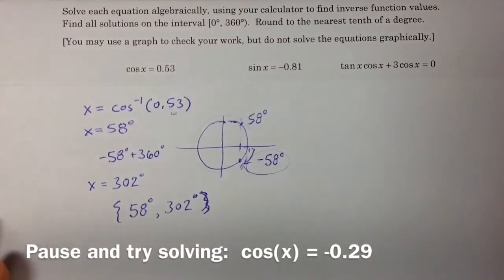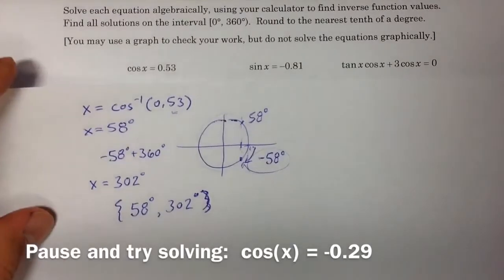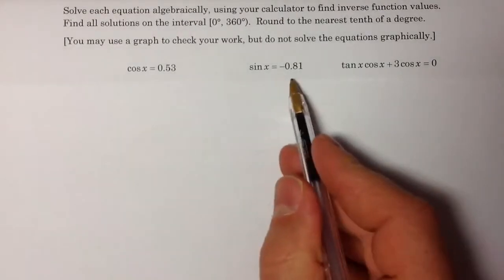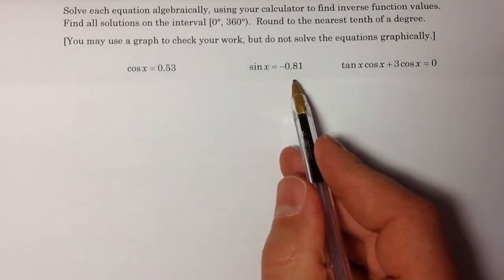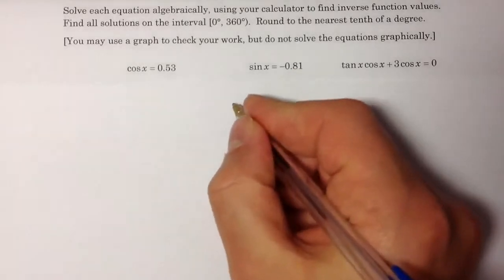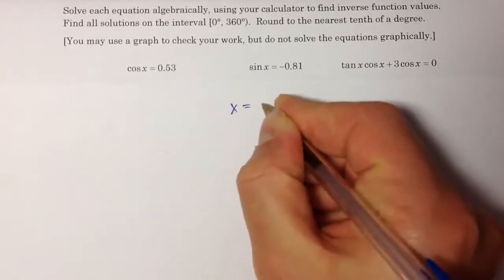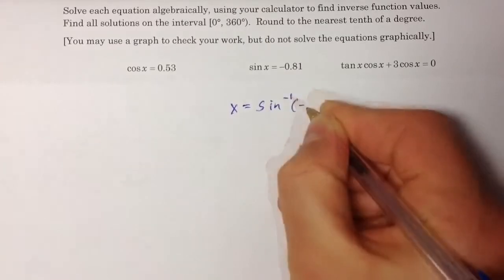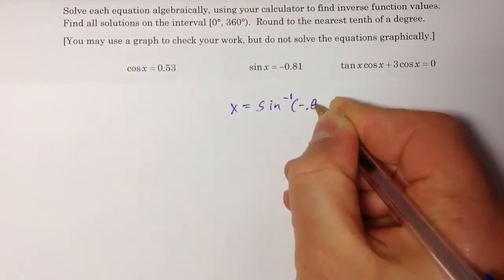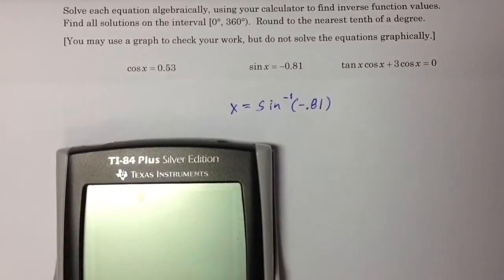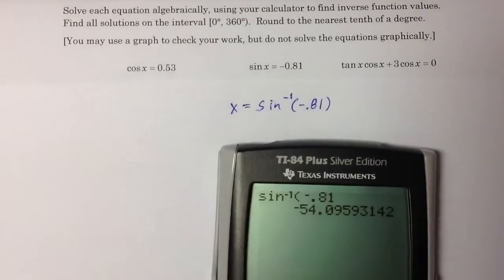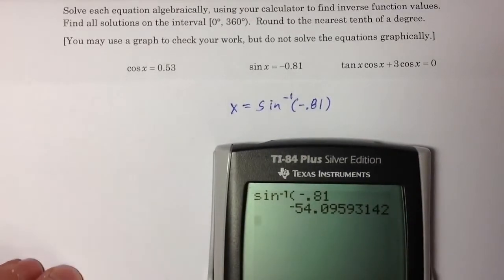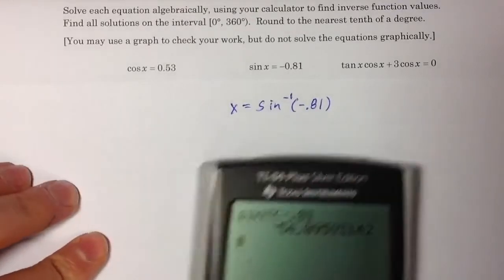For sine of x, we can work through and solve the problem in a similar way. I'm interested in finding the values for x when sine equals negative 0.81. So we can apply the inverse sine function to that ratio. So inverse sine of negative 0.81 will give us a negative value for our angle.